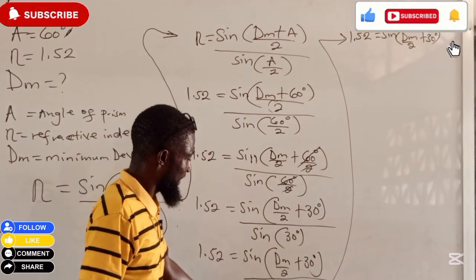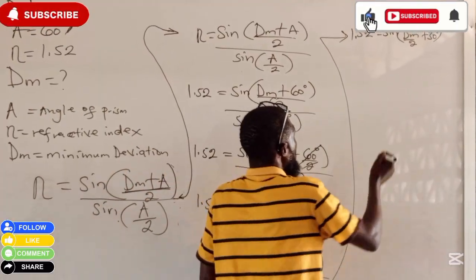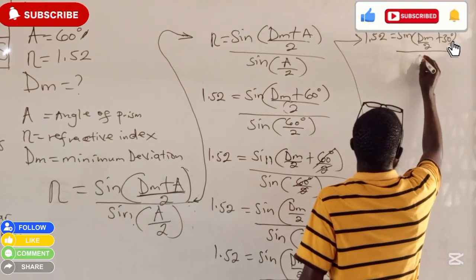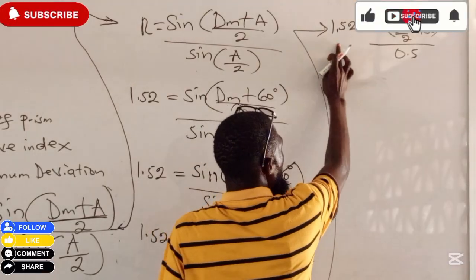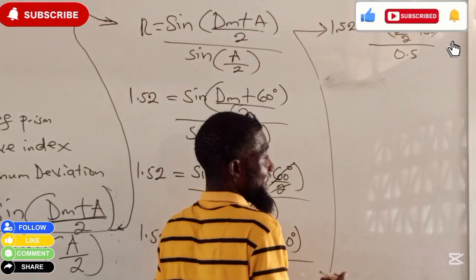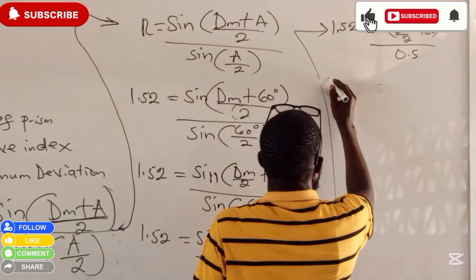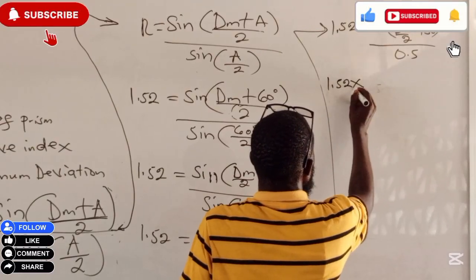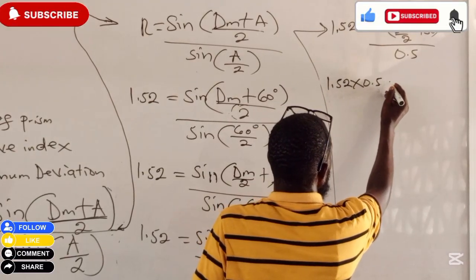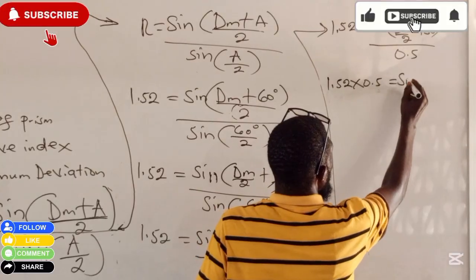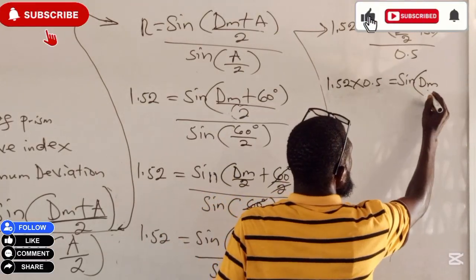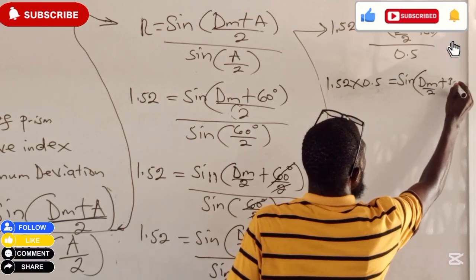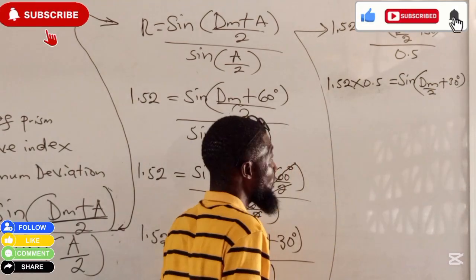Over the sin of 30 degrees, which automatically will be 0.5. Remember, this 1.52 will be multiplying 0.5 just to get our answer. So we say 1.52 times 0.5, because what we have is sin, parenthesis open, the minimum deviation over 2 plus 30 degrees, parenthesis closes.